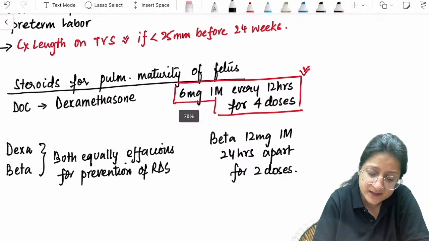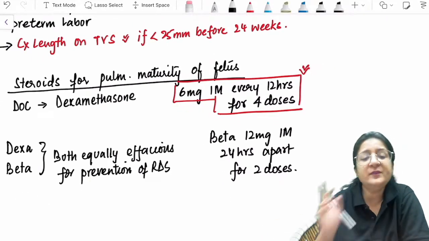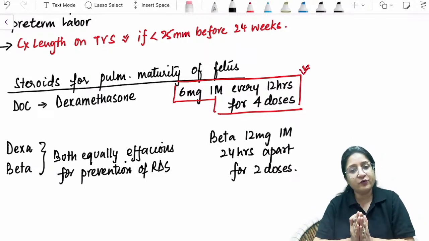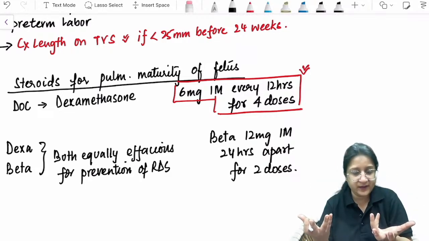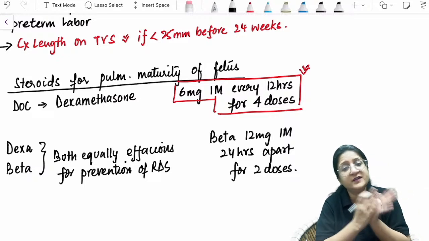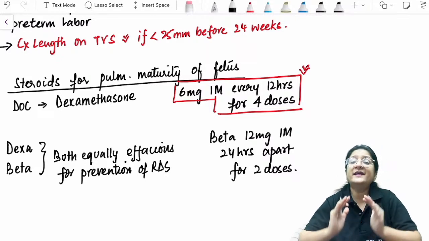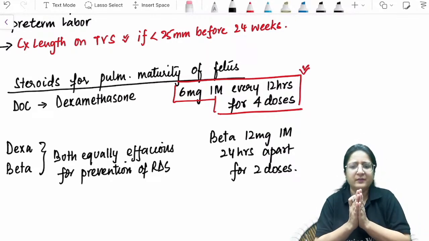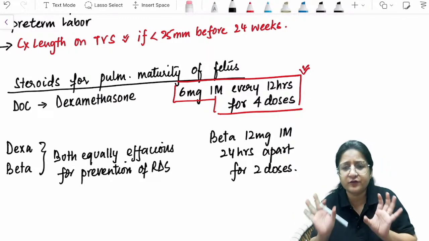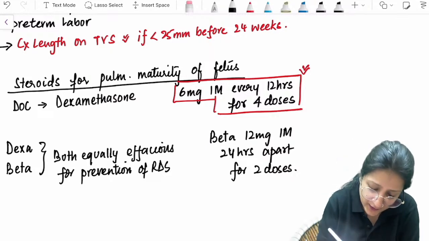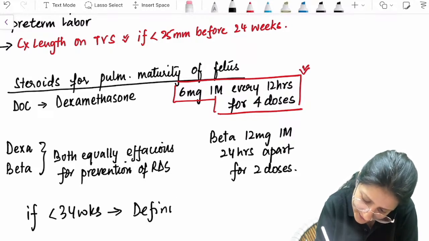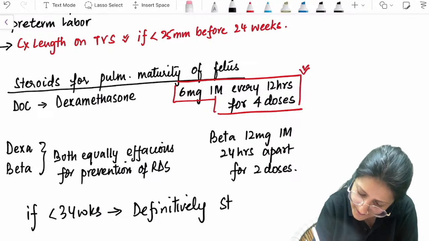And also remember that steroids for pulmonary maturity of the fetus will be given in any situation where the woman is going into preterm labor before 34 weeks, or we are inducing preterm labor. Even in severe preeclampsia patients who were less than 34 weeks, we were giving, right? So in situations where delivery is expected to happen before 34 weeks, we will definitely give steroids.